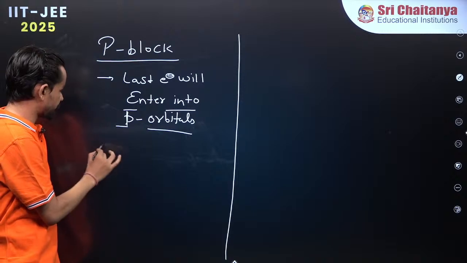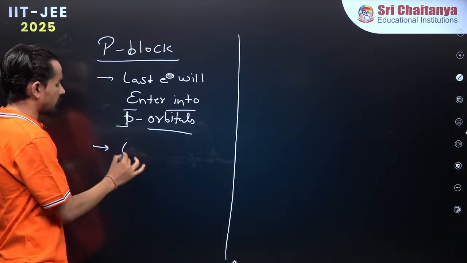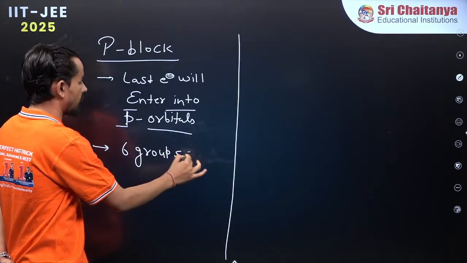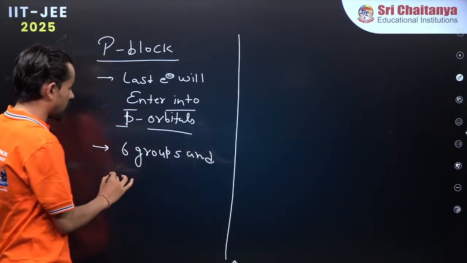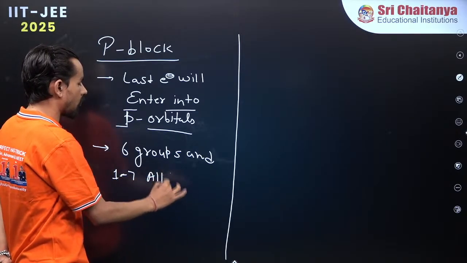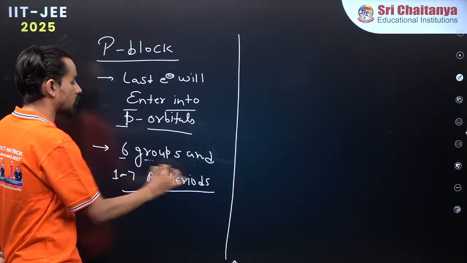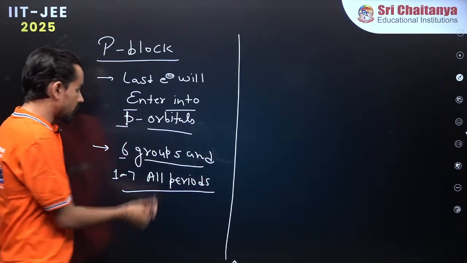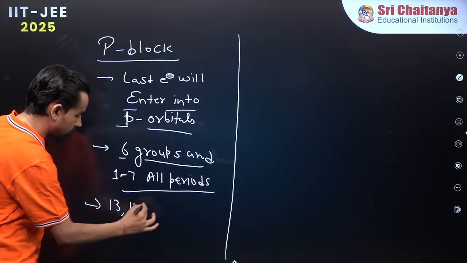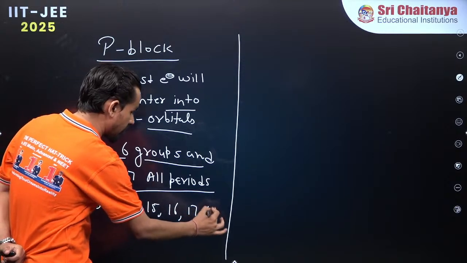Apart from that, again it will contain 6 groups and 1 to 7 all periods. All periods will be there and 6 groups will be there. Which 6 groups? It will be group 13, 14, 15, 16, 17 and 18.